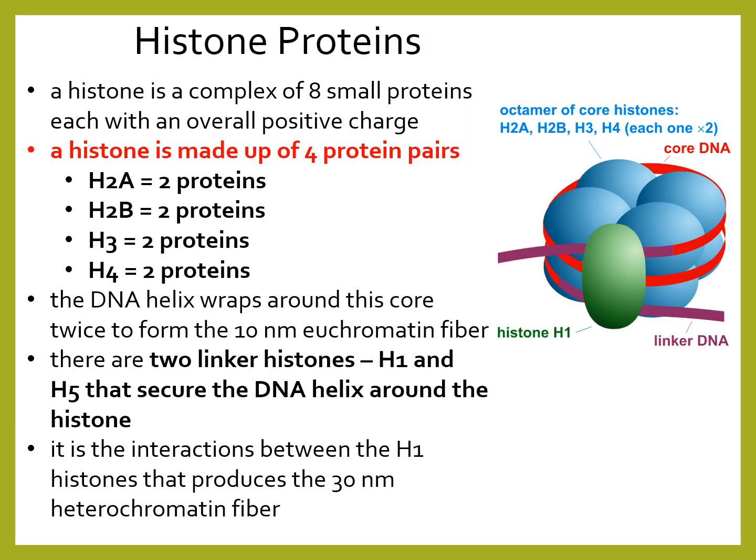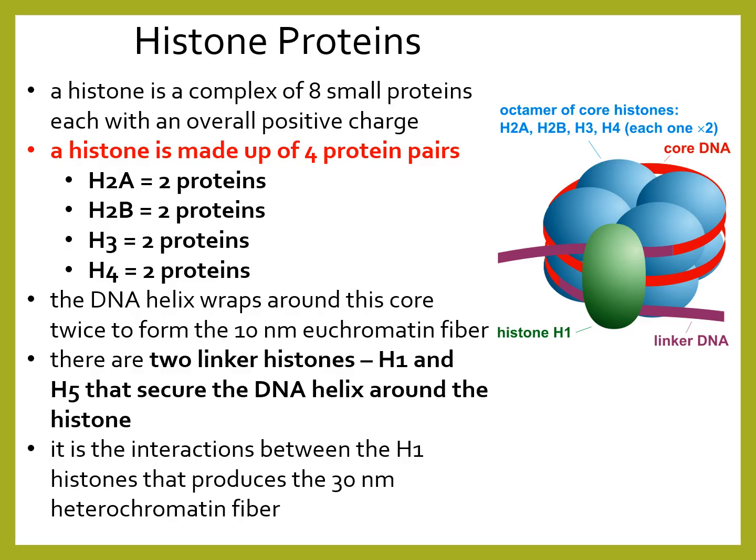Before we continue on learning a little bit about chromatin, let's take a step back, because I mentioned that in the beads on a string model, the bead is the histone. So what exactly is a histone? It's a complex of 8 small proteins, each of which has an overall positive charge.